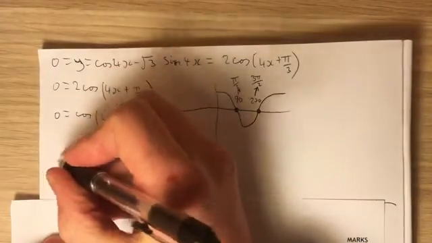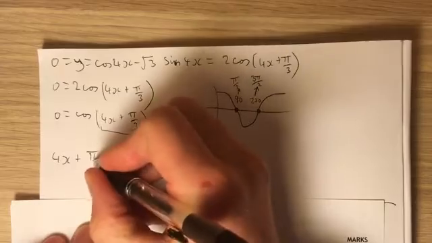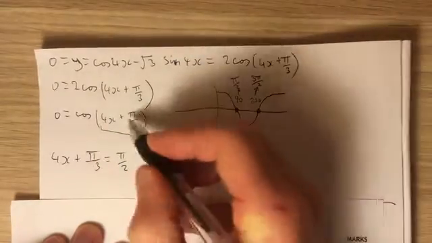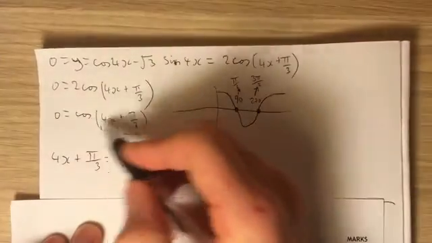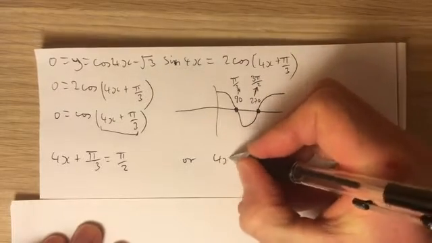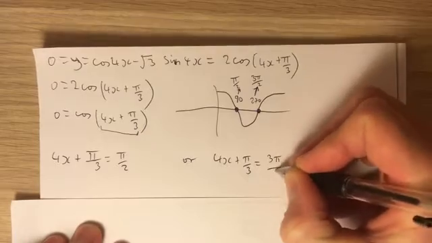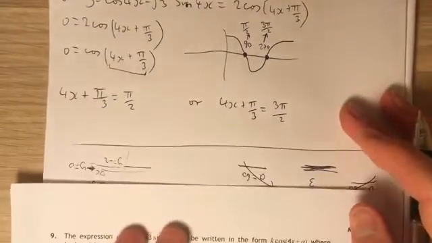So either 4x plus pi over 3 equals pi over 2, or this thing has to give me this, so that cos of it hits 0. So, or 4x plus pi over 3 equals 3 pi over 2. Now all we have to do is solve some messy equations with pi's and fractions.